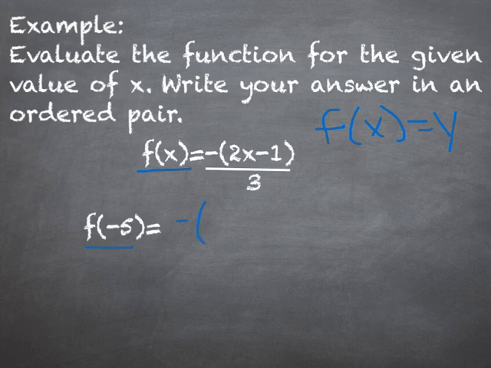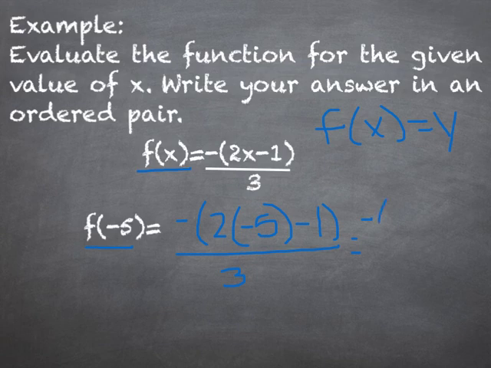So when we plug our numbers in, we have -2 times -5 minus 1, over 3. Order of operations: we'll do our parentheses first, and inside our parentheses, we'll do multiplication first. So -2 times -5 is -10, minus 1, over 3.